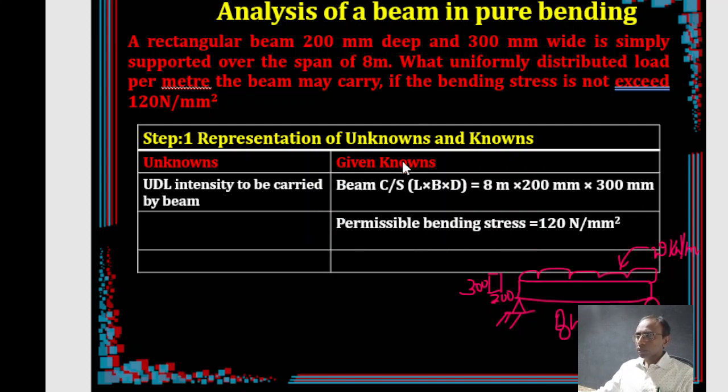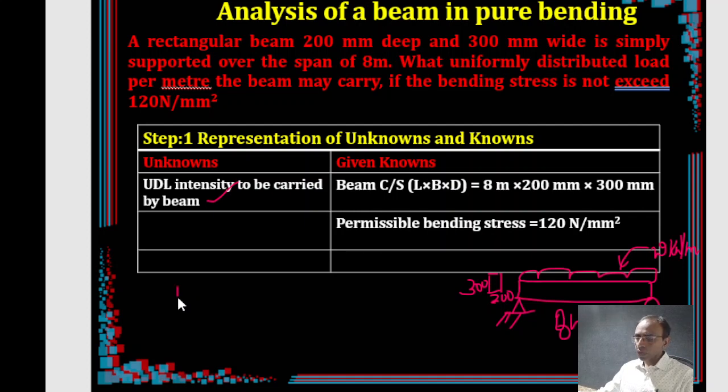Look at this, all of this has been given, right? L, B, D: length is 8, the breadth is 200, this one is 300, and you have also been given the permissible bending stress, 120 newton, and you are expected to calculate the UDL intensity, right? Again we are using the same formula. We are now supposed to calculate the value of load.